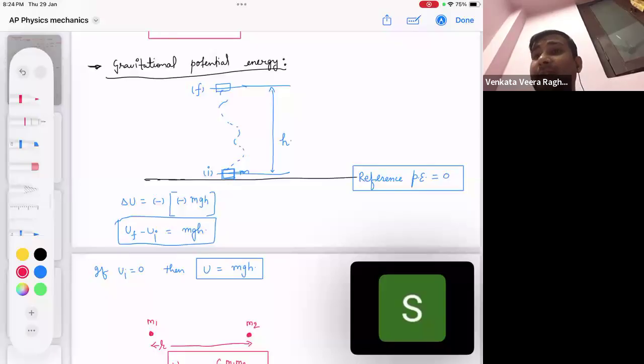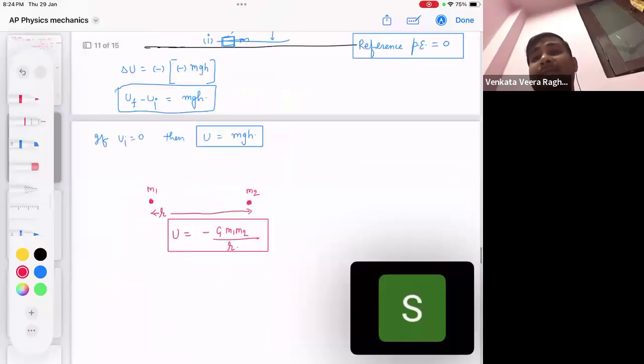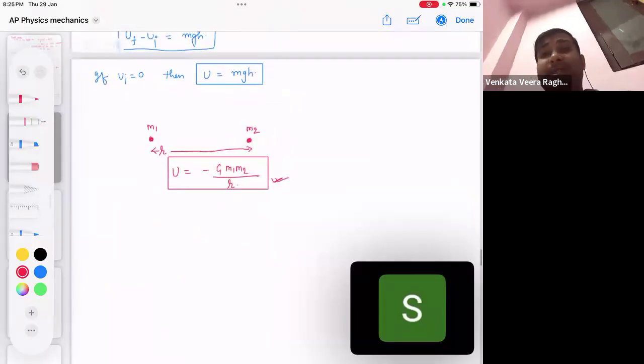If two comparable masses are there, like Moon and Earth, then we should write minus G m1 m2 by R. So now you cannot write mgh, right? You should write minus G m1 m2 by R. So that is the gravitational potential energy.